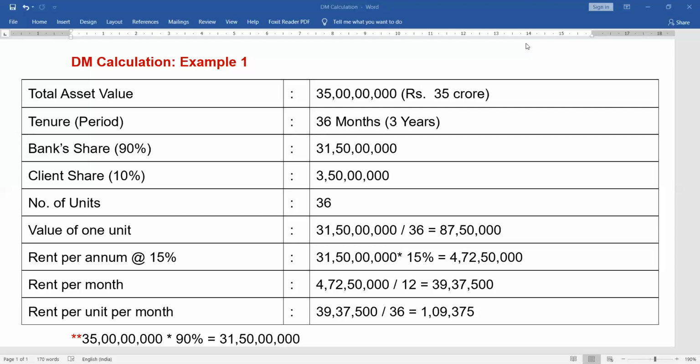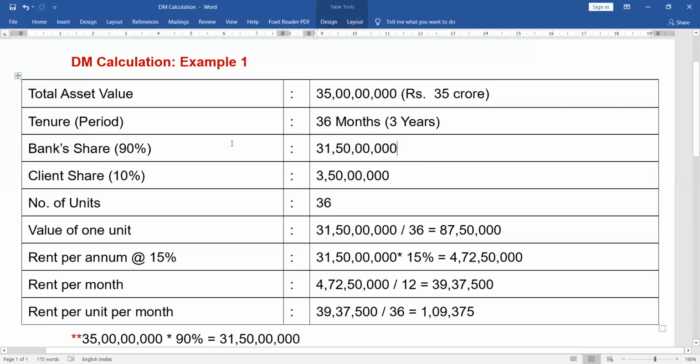In this case, the bank will finance 90% and the customer will finance only 10%. The upfront share of the customer is only 10%. The bank share is 90%. So 90% of 35 crore is 31 crore 50 lakh.